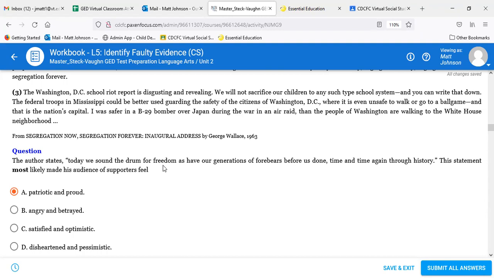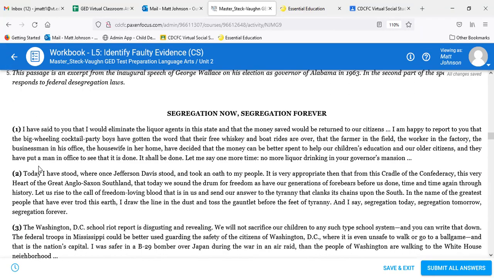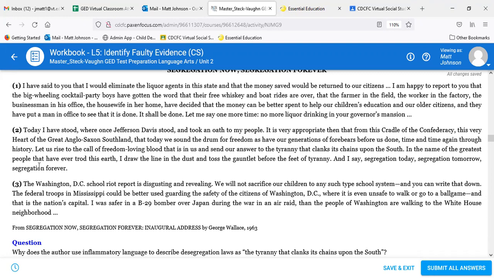And that's how he's appealing to the people that voted for him. Remember, this is an inaugural address, so he was voted into office, and he's making that connection to the people that voted for him as an appeal to patriotism and pride. So 4 is A, and 5.